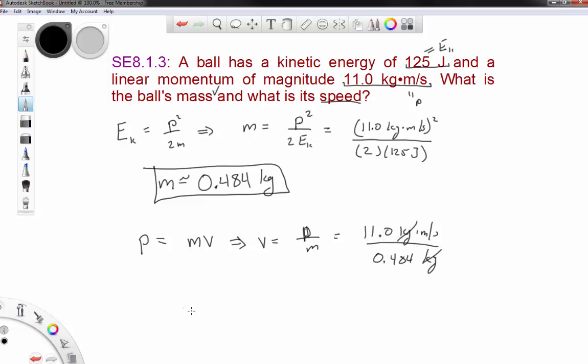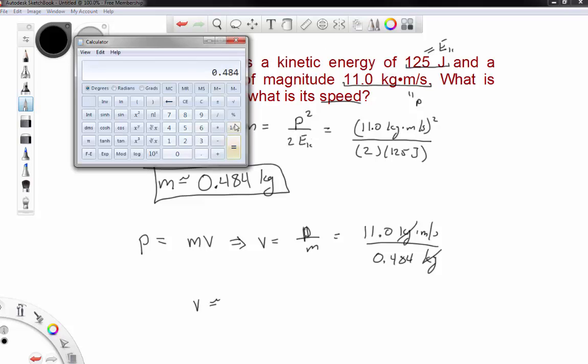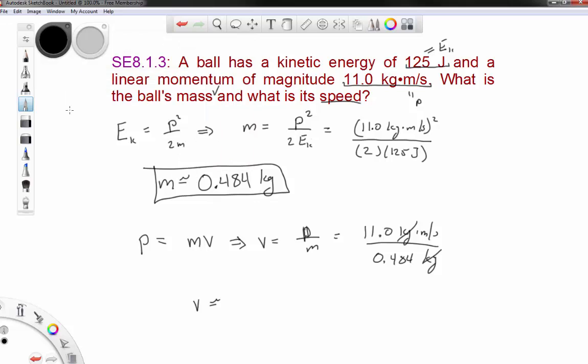Notice that the kilograms cancel, and so the speed must be given by, let's invert this mass that we found before, so we're dividing by the mass, and now that times our 11 kilogram meters per second gives us 22.72727 repeating meters per second. So we'll just call that 22.7 meters per second. So that's with 3 significant figures as warranted by the problem.